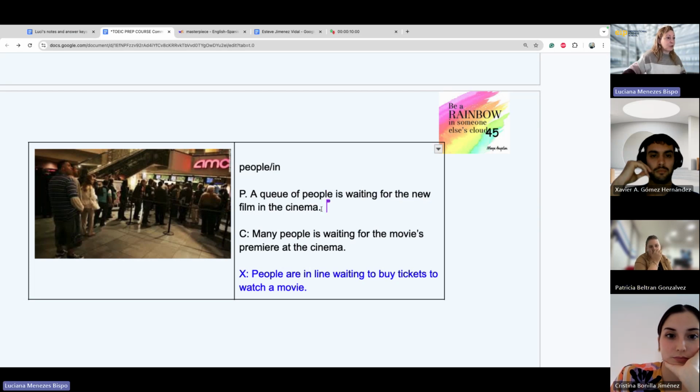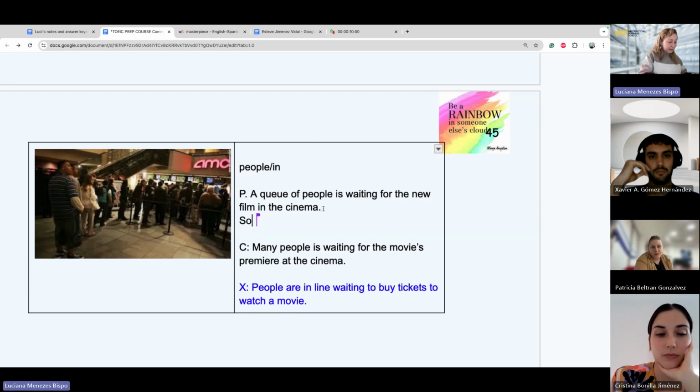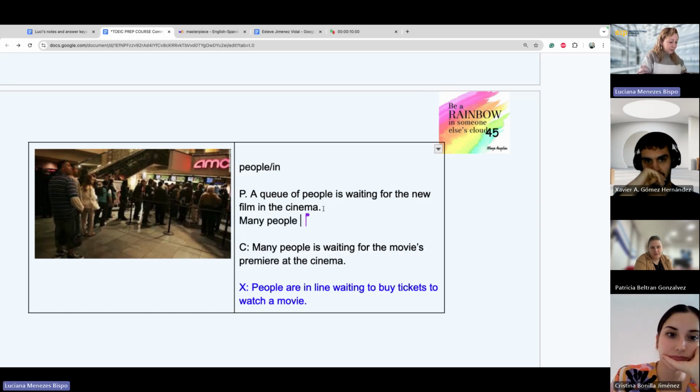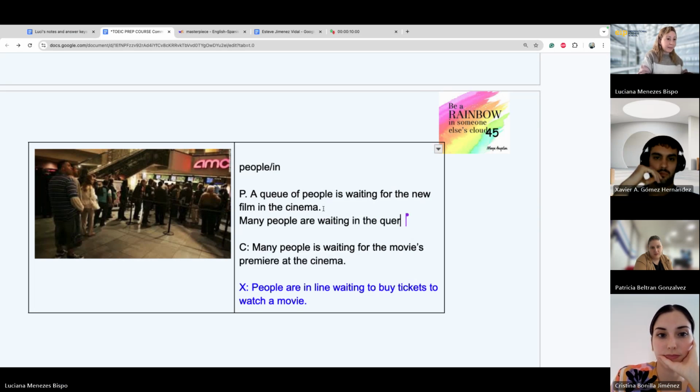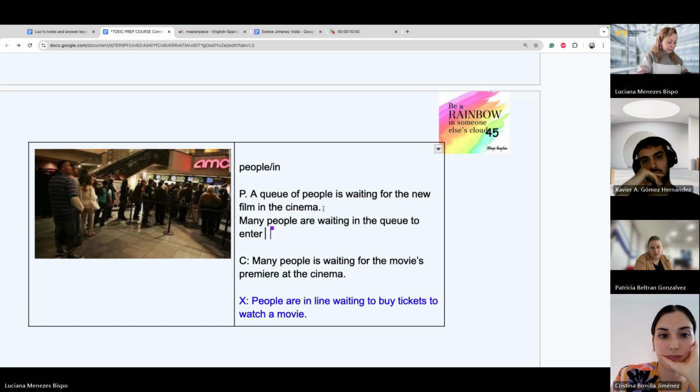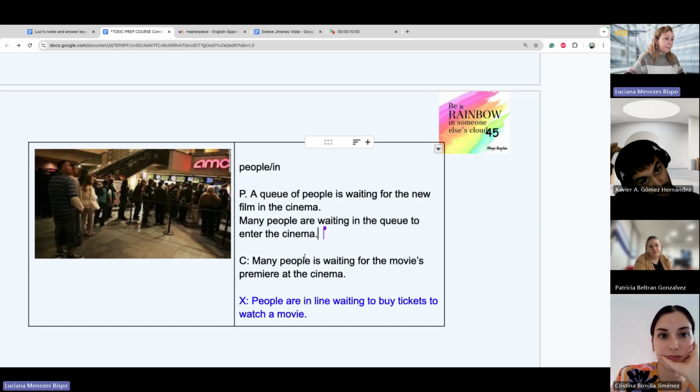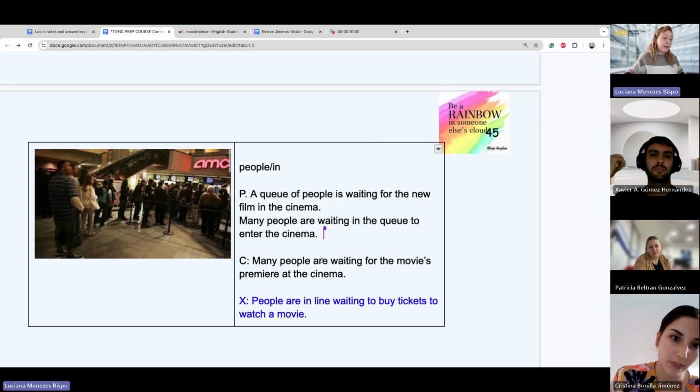So let's say a lot of people, or many people, are waiting in the queue to enter the cinema. Many people are waiting for the movie's premiere.